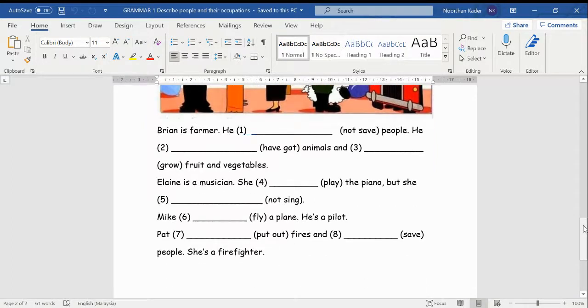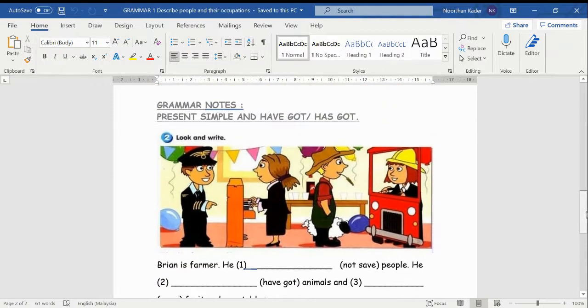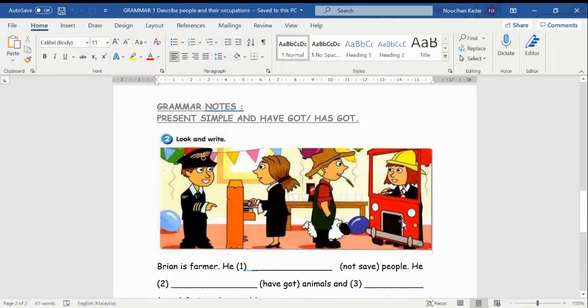This is a brief description in one short, simple paragraph, whereby we are writing a brief description about these four people and their occupations. So today our lesson will be writing descriptions about people and their occupations.